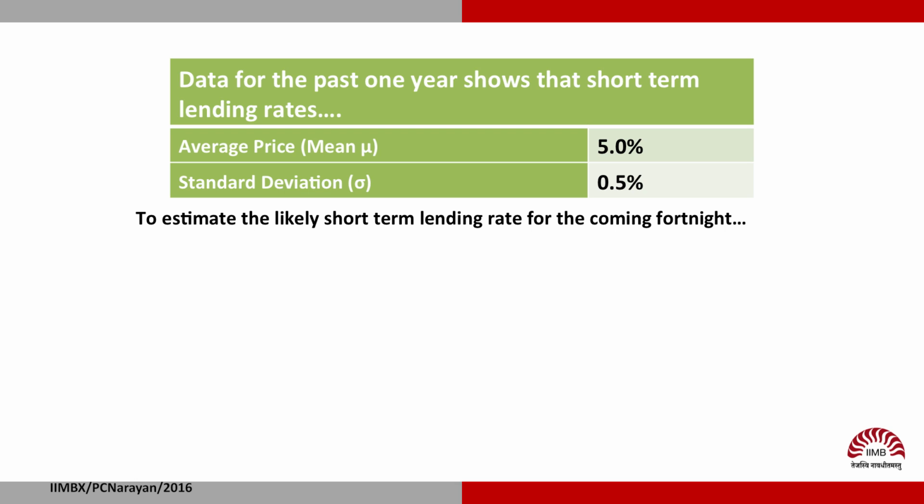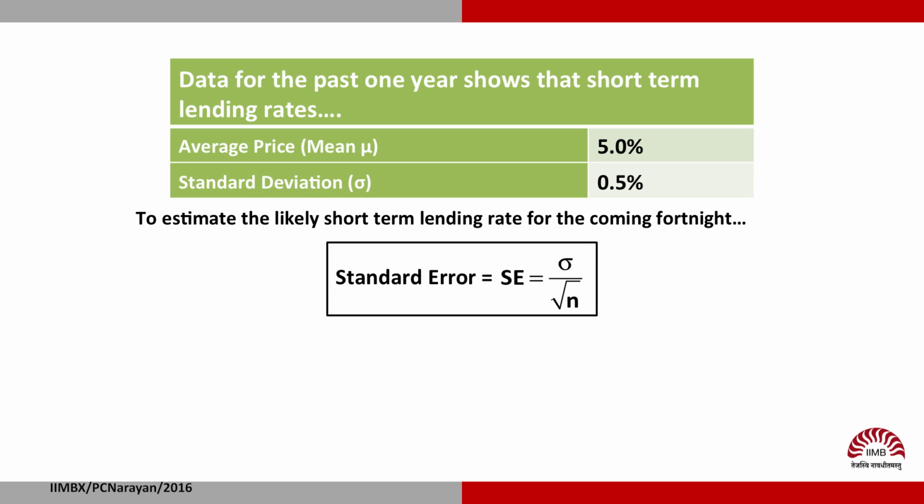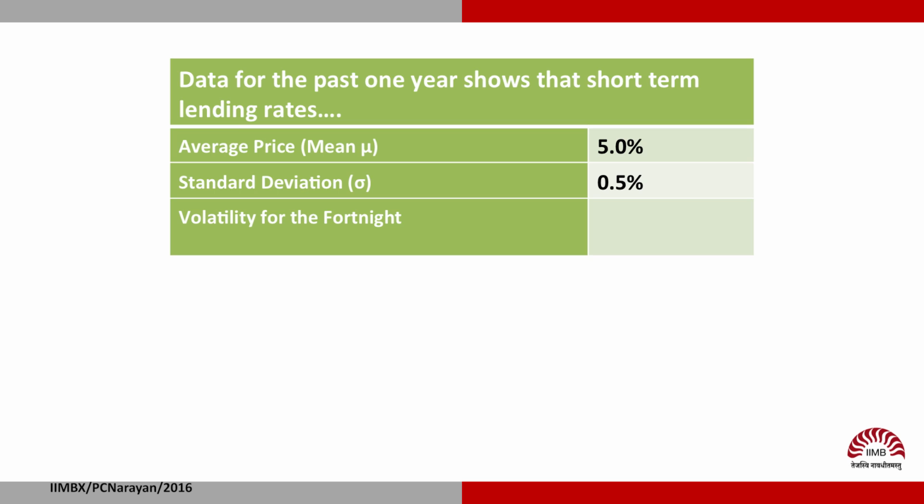Again, recall your statistics lessons where standard error is equal to sigma by root n. So volatility for the fortnight, which is 0.5% divided by root of 26 or 0.098%.